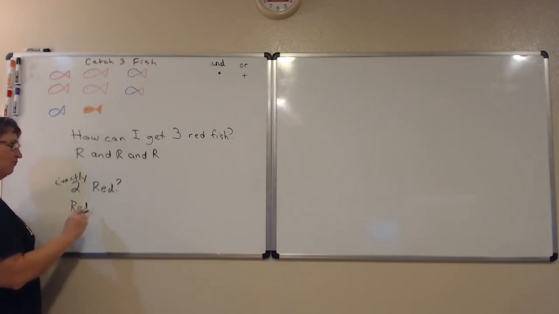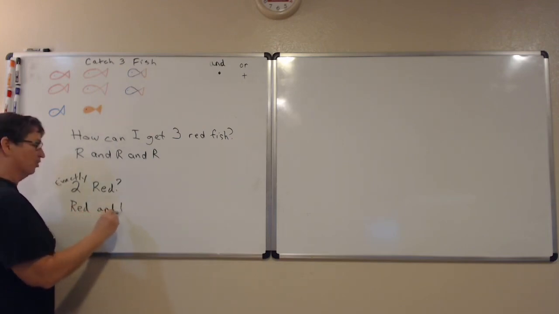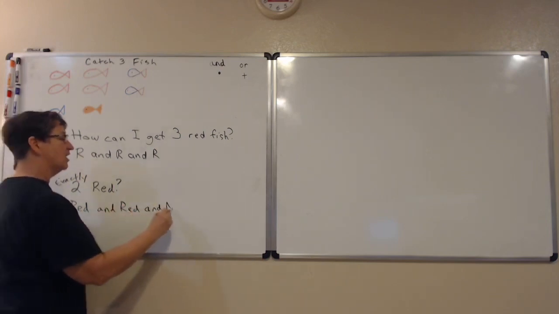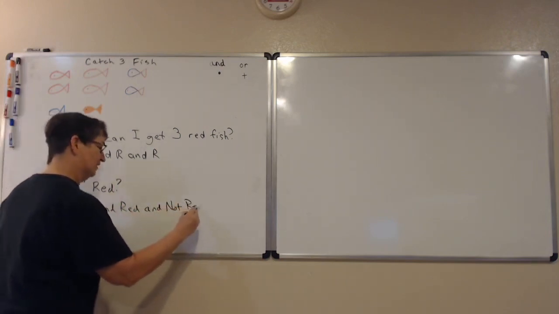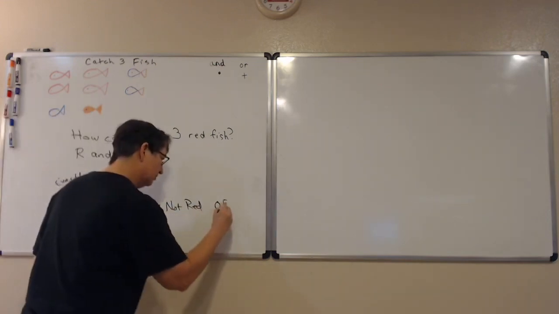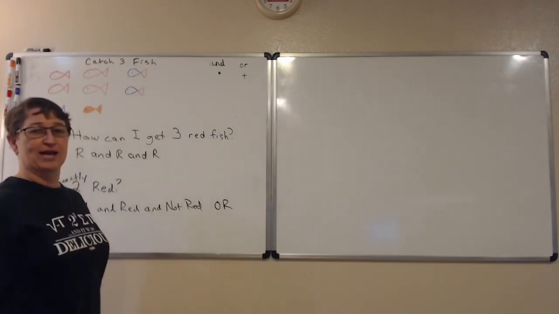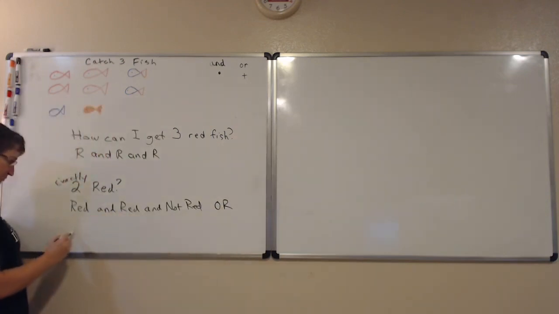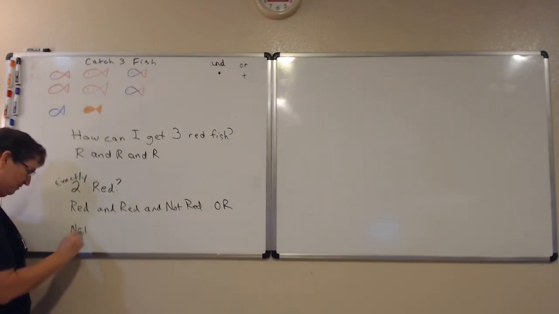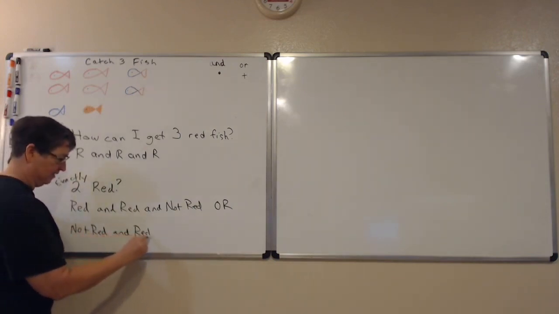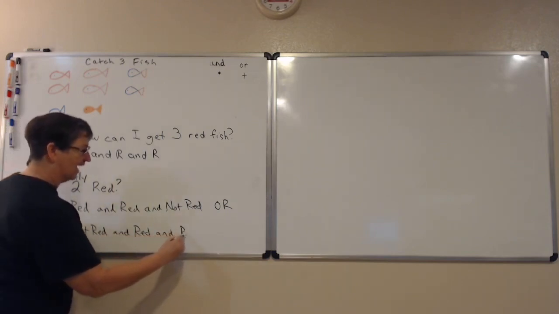We could get that red first, and instead of saying blue, we could just say not red. You had exactly the right idea. He did blue first the first time, so we'd say not red, and red, and red.